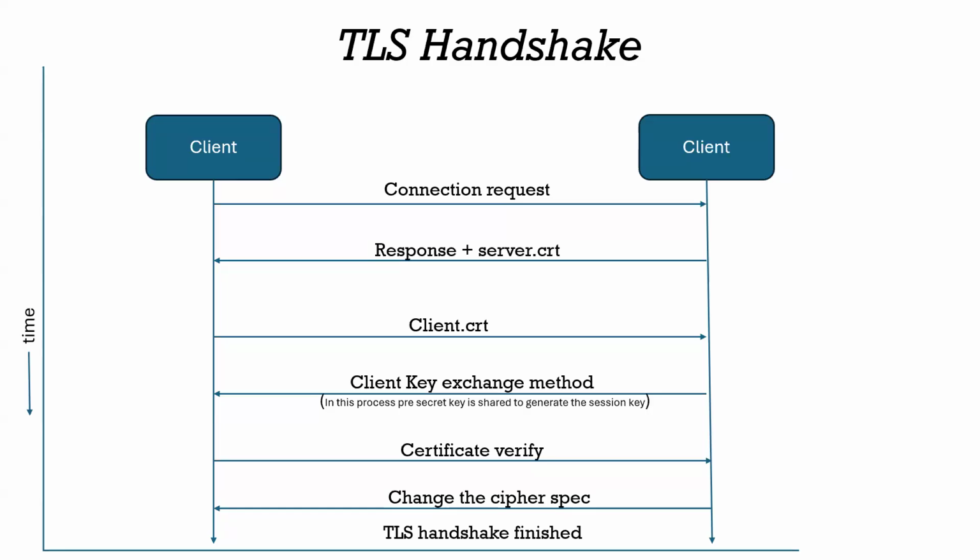In the secure environment, after the connection is established, we have to do the TLS handshake. So let's understand the different steps of the TLS handshake. The client sends the connection request. There is something wrong here: the right part is the server. Sorry for the typo. This must be the server.